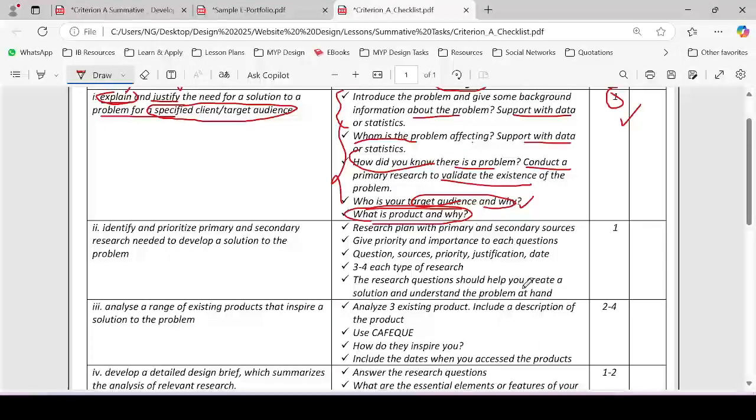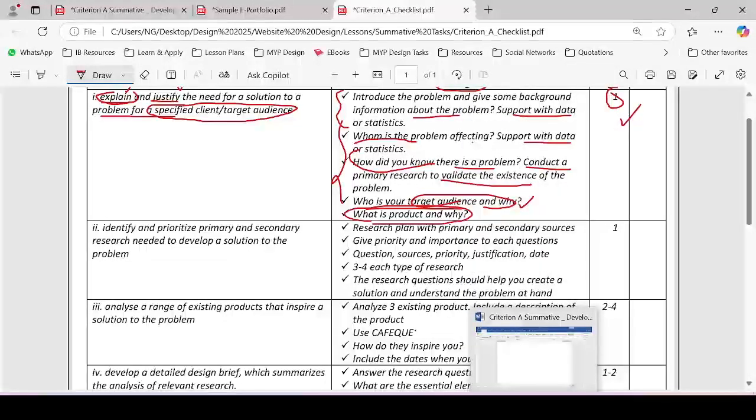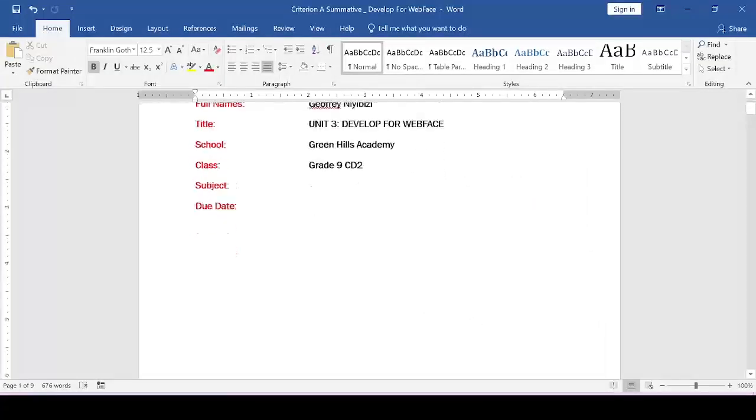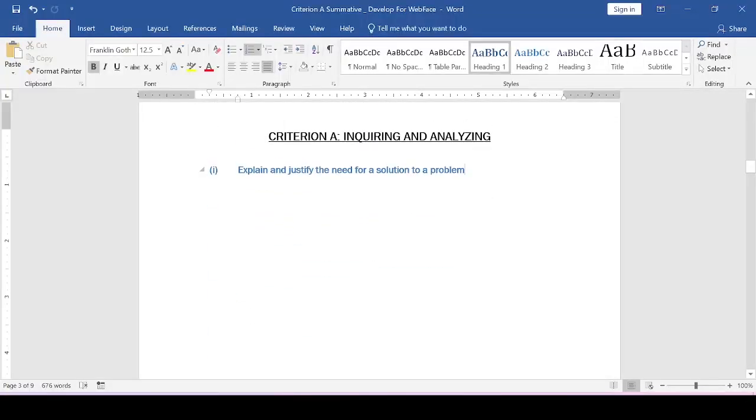So when we go to justification, here is how we do it. Here I can have my client. I may say K and J Hardware, Kigali, let's say.